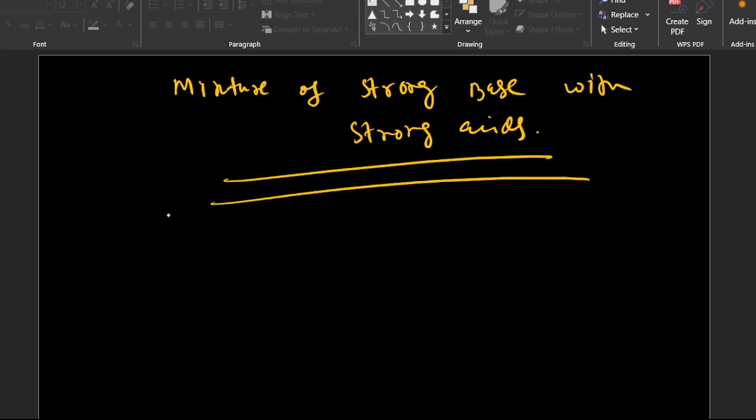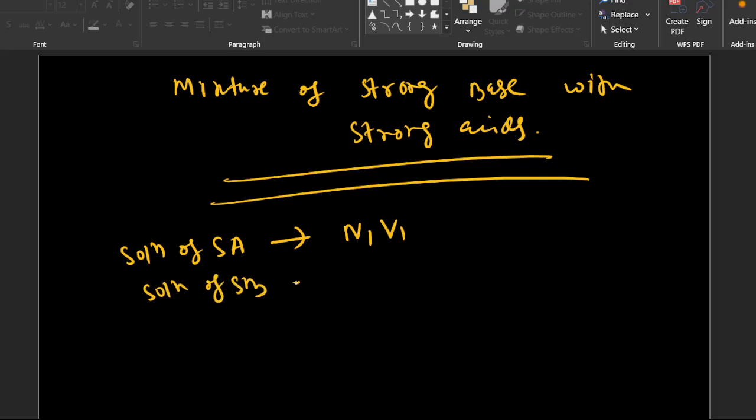For this, suppose solution 1 is a solution of strong acid with normality N1 and volume V1, and solution 2 is a strong base with normality N2 and volume V2.